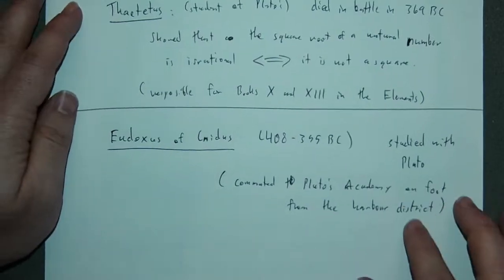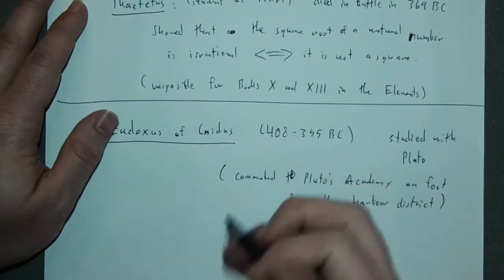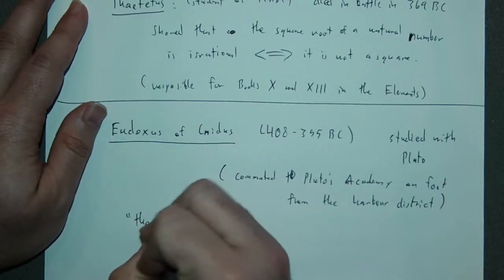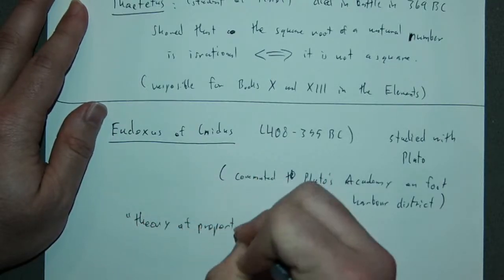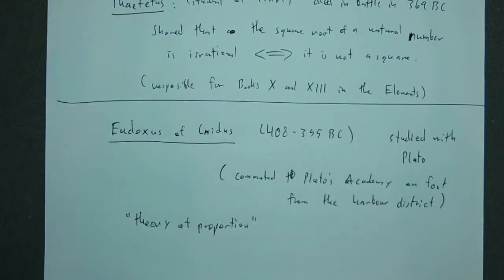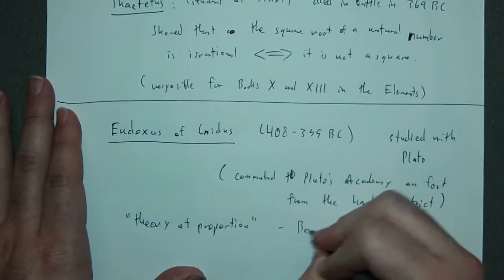One of the things he's most famous for is the theory of proportion. The reason why this is important is this is the entire contents of Book 5 of the Elements.